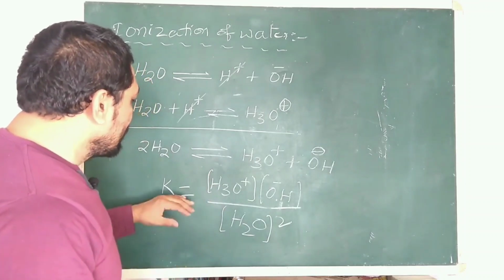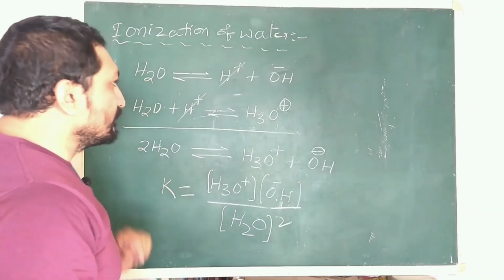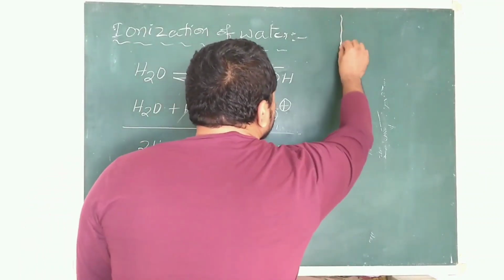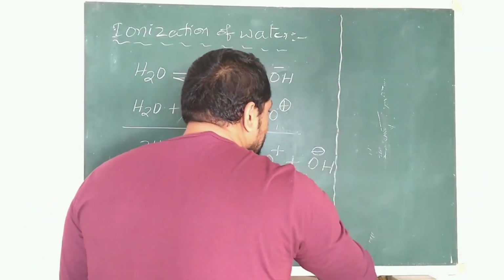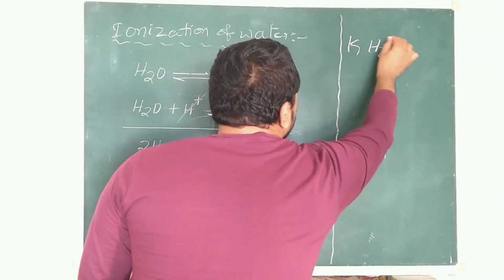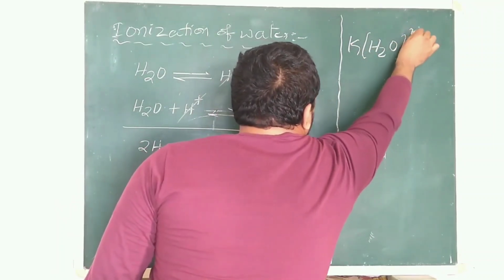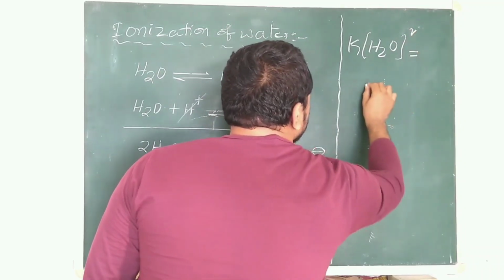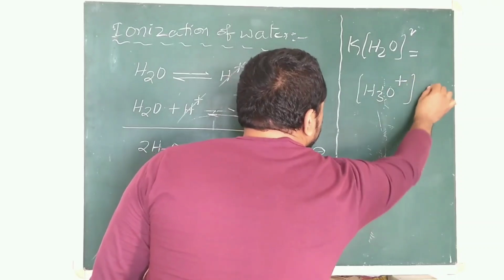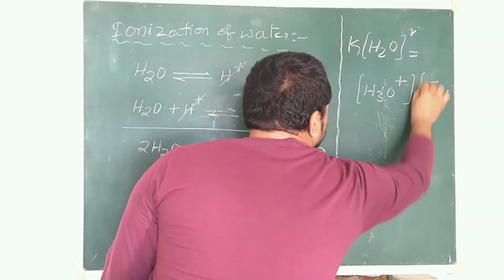Now if you bring H2O to that side, then you will get K H2O concentration square equal to H3O plus concentration, OH minus concentration.